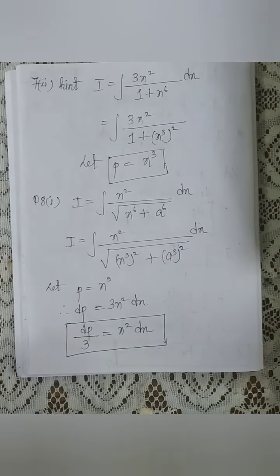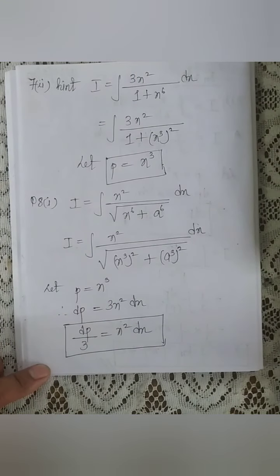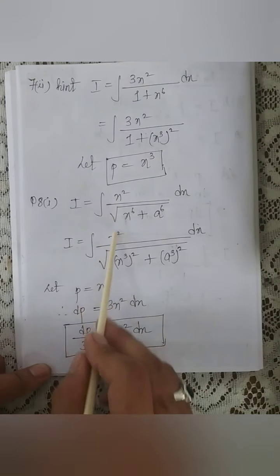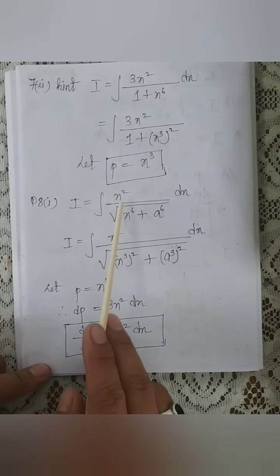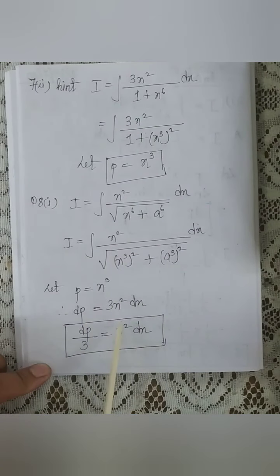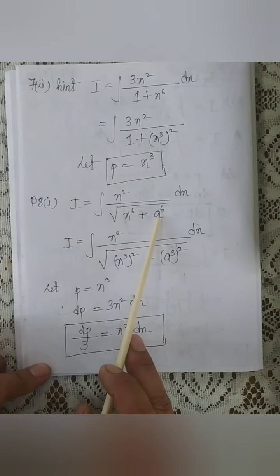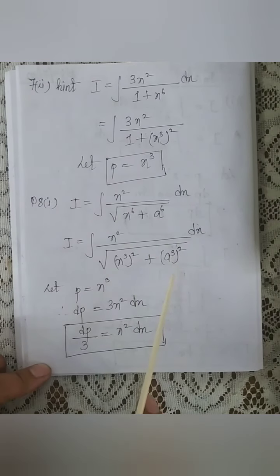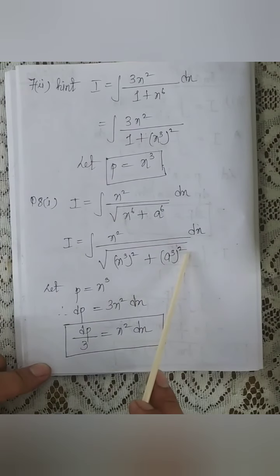In fact question number 8 part 1 I have done here. Please check the solution. The power in the numerator is less than the power in the denominator. It is x squared, it is x to the power 6. So what to do? Substitution. Make it as a cube whole square, and remember that a to the power 6 is always a constant, even if I write a cube whole square.